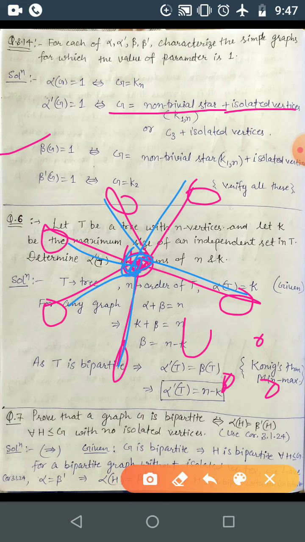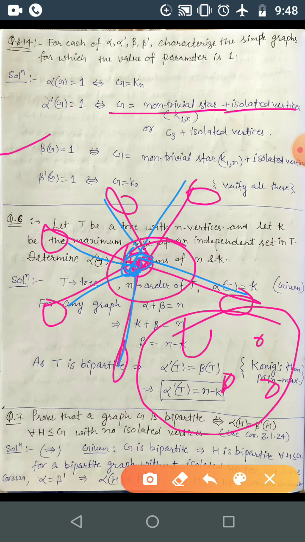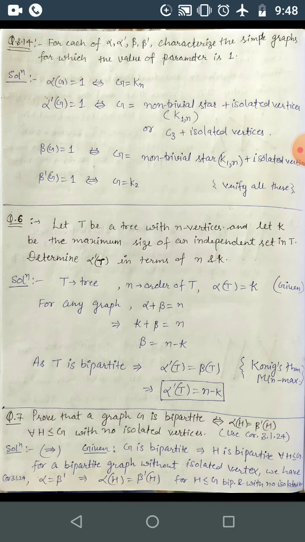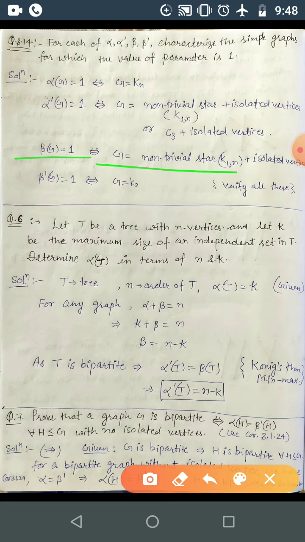So whenever you have a non-trivial star plus some isolated vertex, the middle vertex will always work. So beta is equal to 1 if and only if G is a non-trivial star plus isolated vertices.